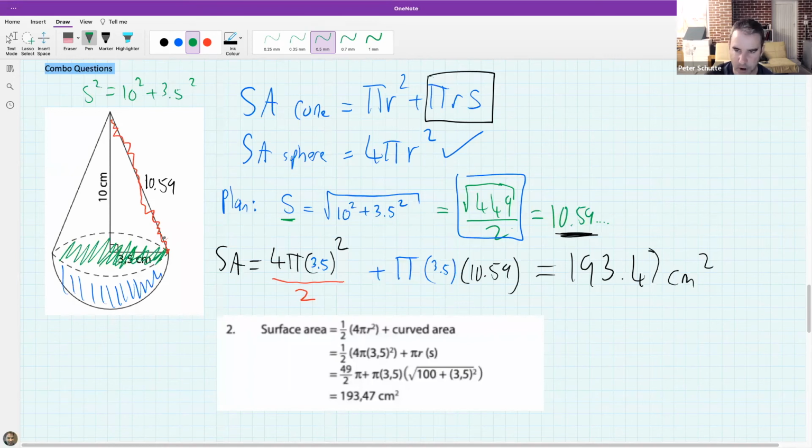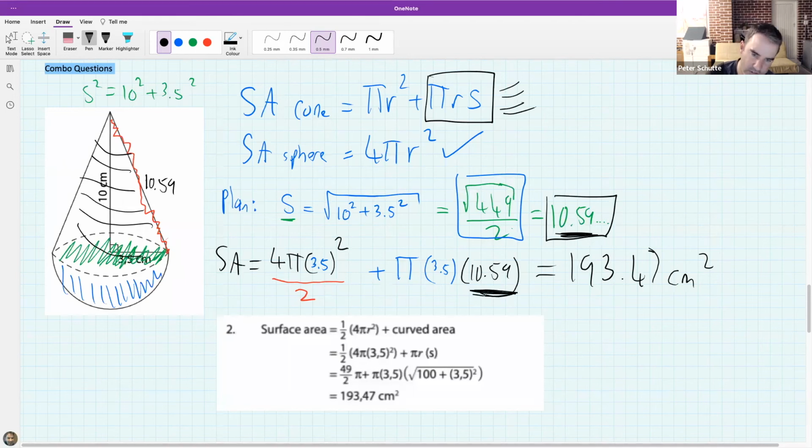I need the S part. So in order to find this curved bit around here, this relates to the pi r S part here. And so when I worked out S, the slant height of the cone, it was 10.59. That's why it's over here.